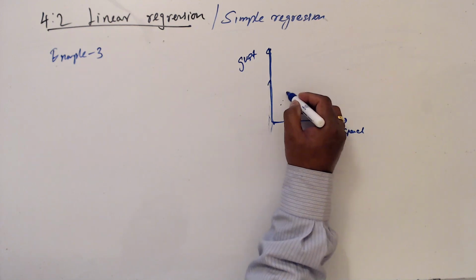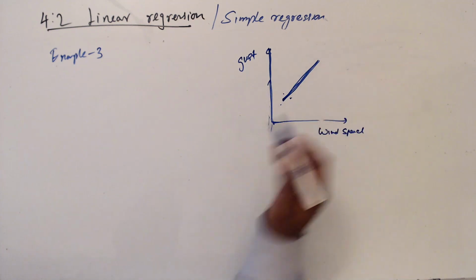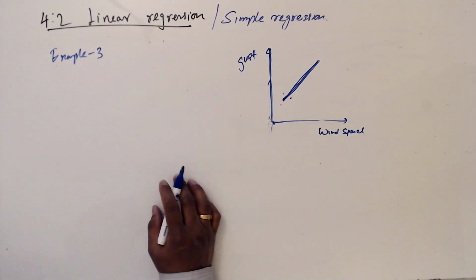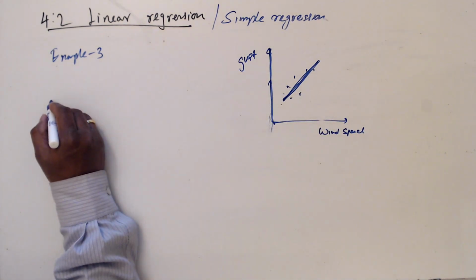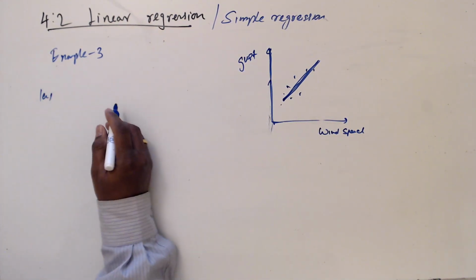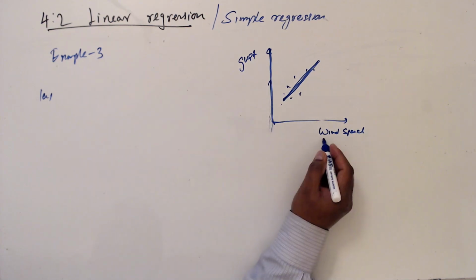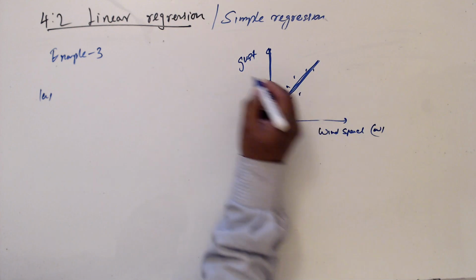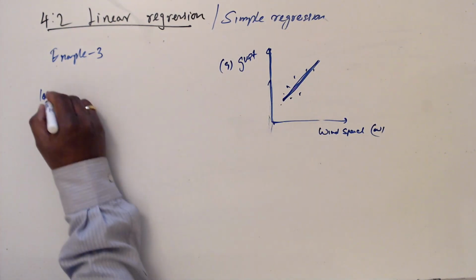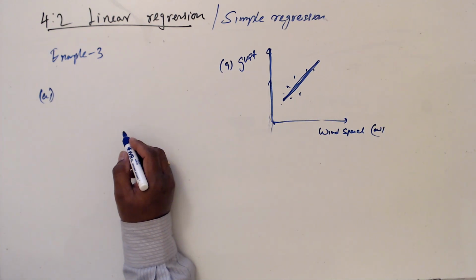We have this kind of dot plot, so basically it is a linear relationship. Question A: describe the correlation between daily mean wind speed and daily maximum gust. So this is W and G. Now we can see that there's a strong positive correlation.